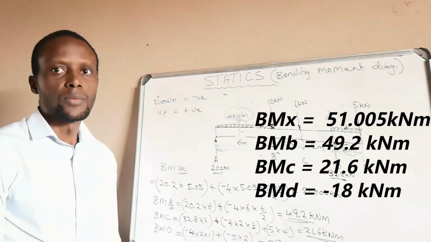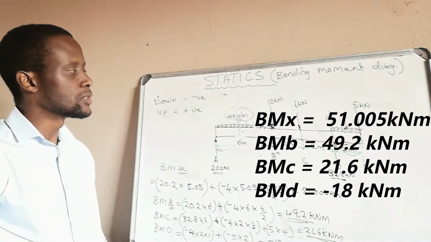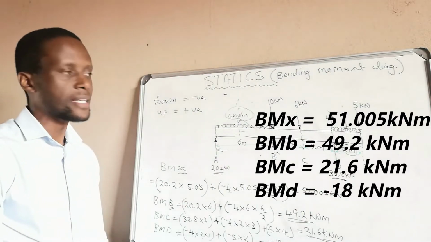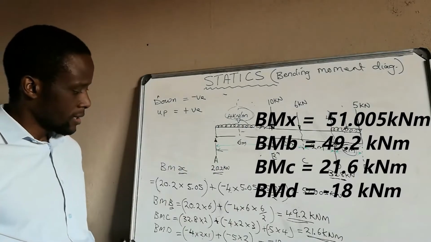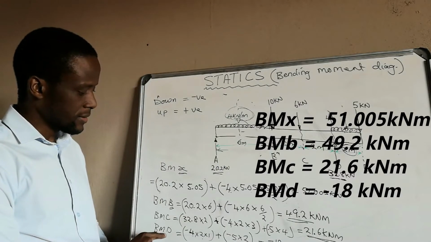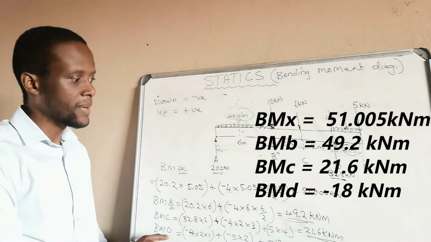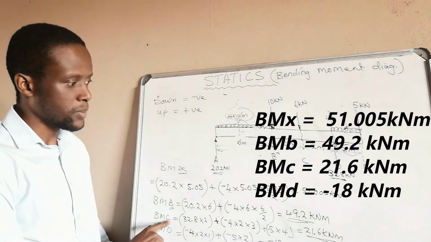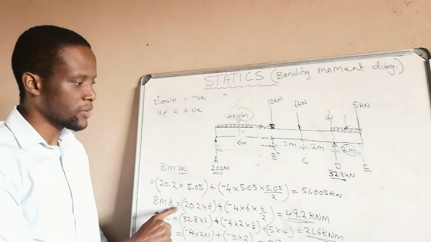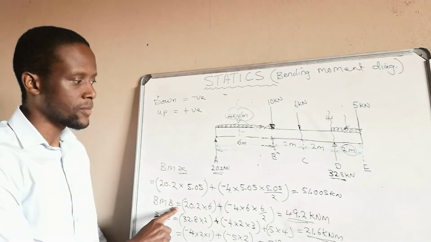Okay, so I hope that gives us the idea on how to calculate for the bending moments at each point. So we have our bending moments. Bending moment at D is a negative number, 18. Bending moment at C is a positive number, 21,6. Bending moment at B is 49,2.